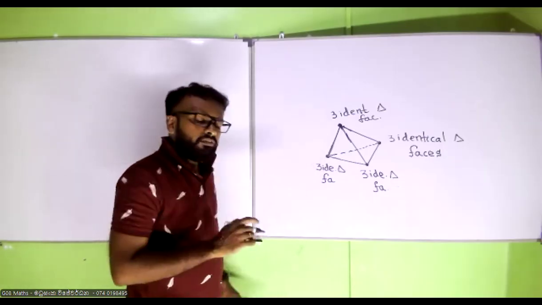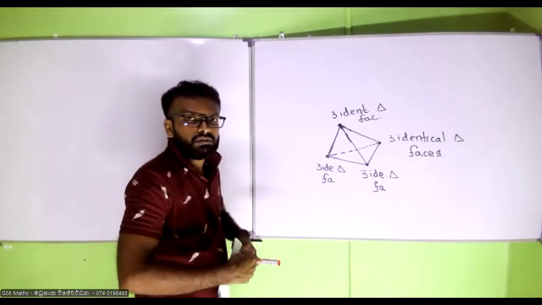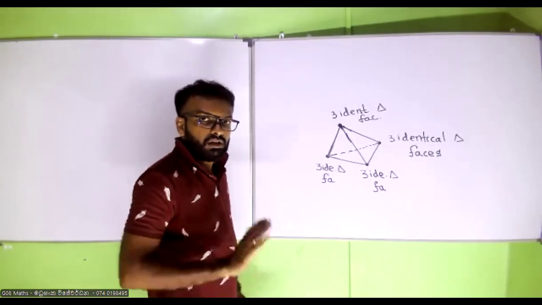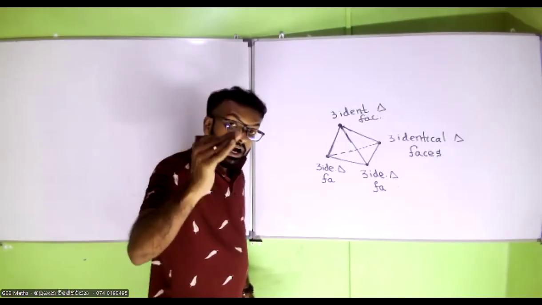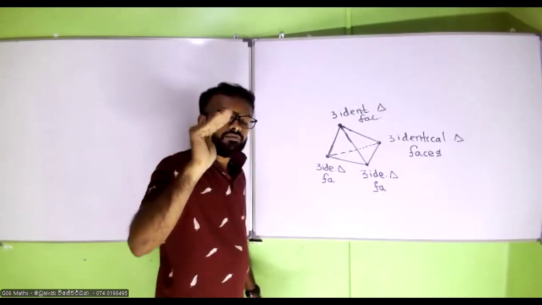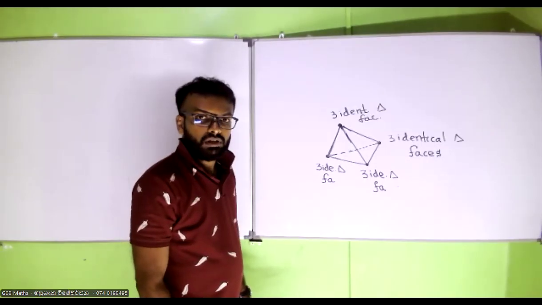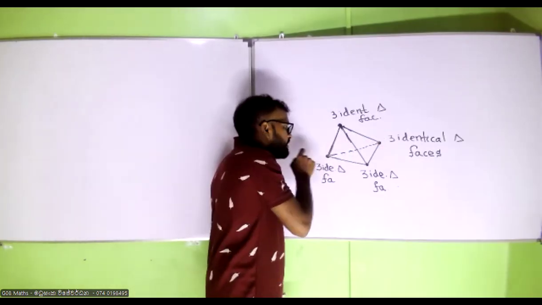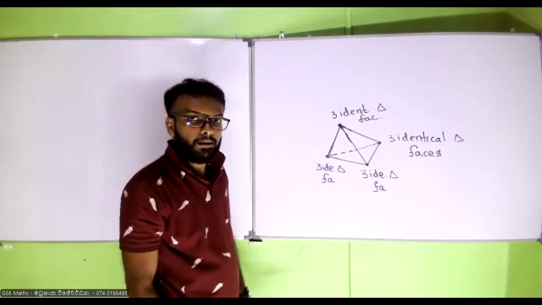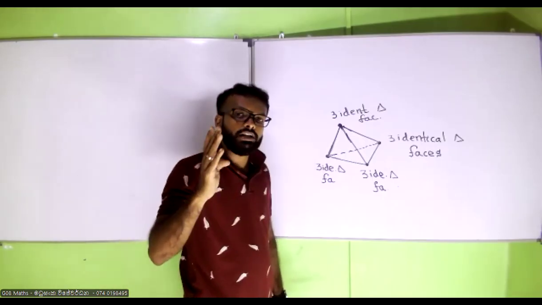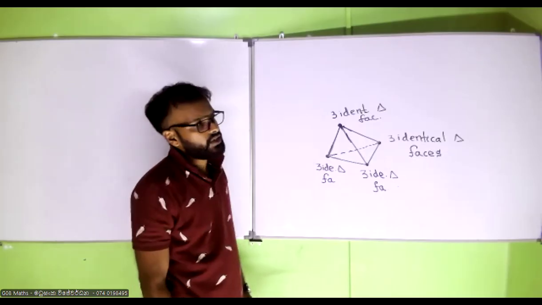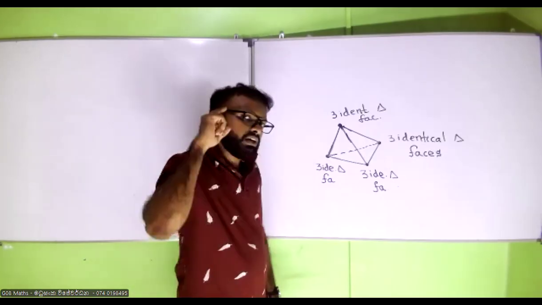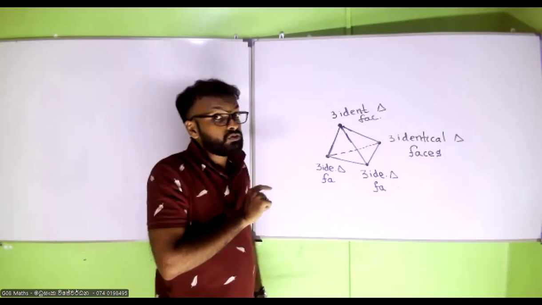For each and every vertex, there are 3 identical triangular faces meeting. So we can get an idea about platonic solids.